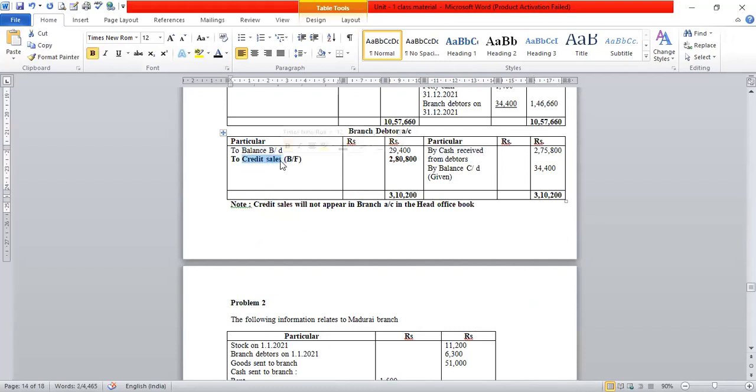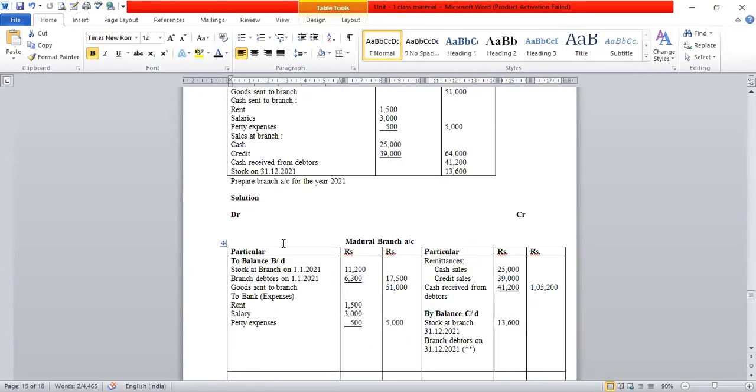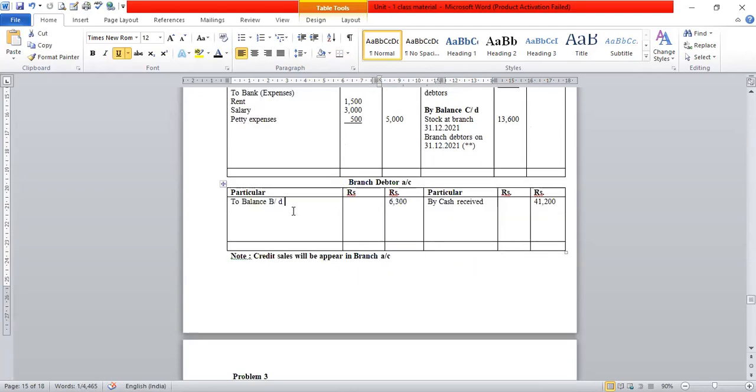In that sum they did not give the credit sales, but we calculated it. But in this problem, it is given that the branch sales include cash and credit sales. So the credit sale value is 39,000. That we have to mention here, the credit sale which was given in this problem. So the value is 39,000. Okay.